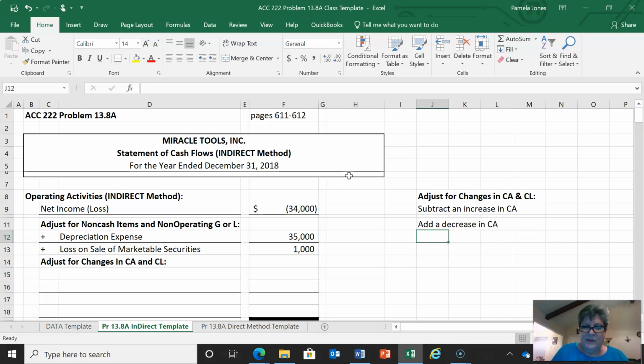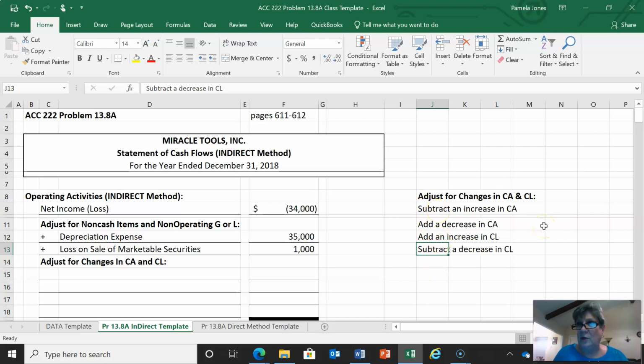For current liabilities, we add an increase in current liabilities, and we subtract a decrease in current liabilities. So with the current liabilities, the adjustment is always in the same direction as the change in the account. So that's just 4 things to remember.